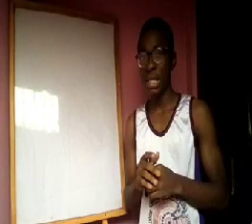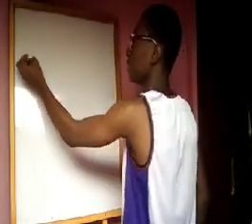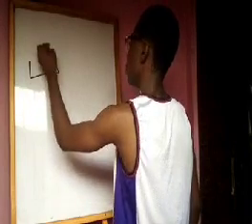Now that's the first thing we're talking about in this video: prism. What's a prism? A prism is a solid which has a uniform cross section. When I say uniform cross section, I mean everything is straight. Look at this thing I'm drawing now.